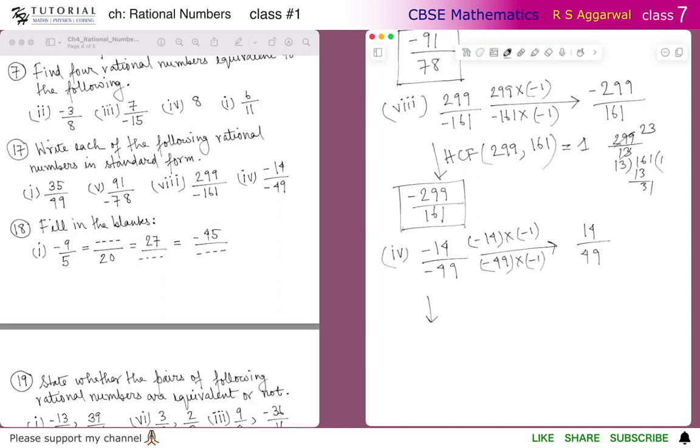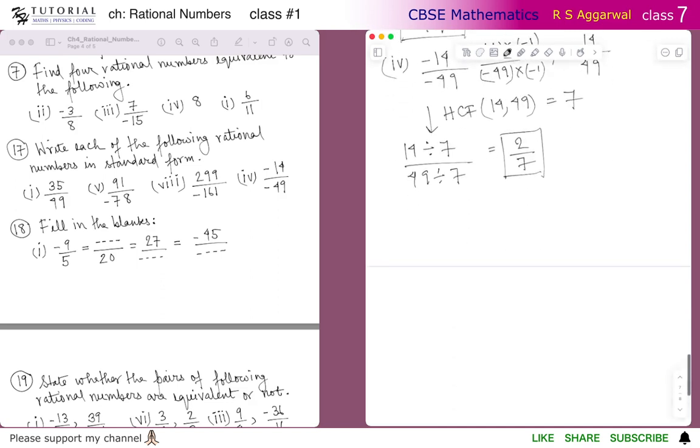Now we have to find the HCF of the numerator and the denominator, and this is 7. So now we divide both the numerator and the denominator by 7, and this is 2 by 7. So this is the standard form of the rational number minus 14 by minus 49.